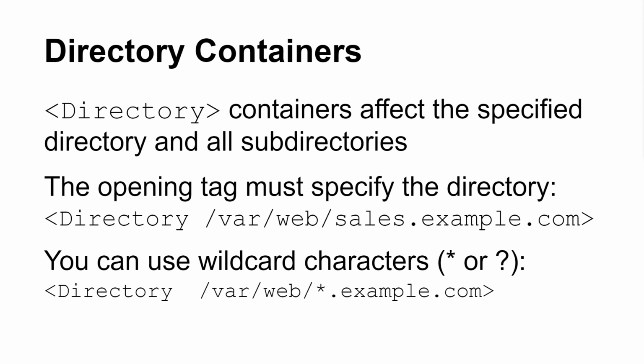When Apache has to traverse to this particular directory in order to serve up content, then as long as it's in a directory or subdirectory of this particular path, it will also pick up the options that are part of that particular configuration. You can use your wildcard characters, the asterisk or the question mark. Remember, the asterisk is one or multiple characters, and the question mark is 0 or 1 character.